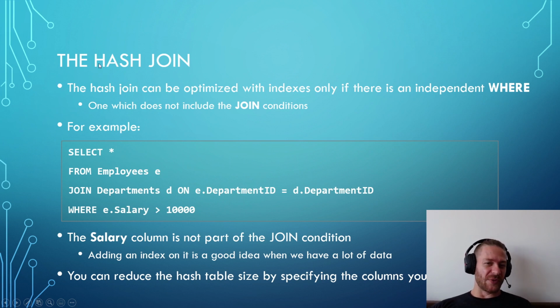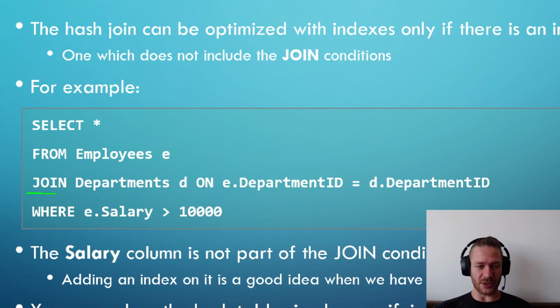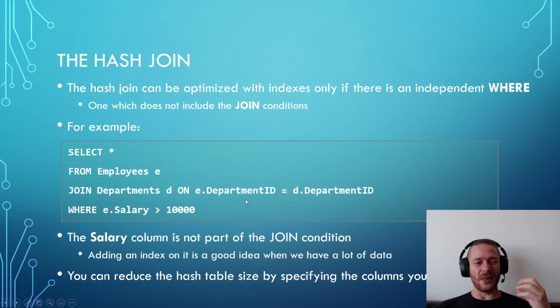But how to optimize it? We don't need to optimize it by design, because usually when we have a query on the join operation, these are already hashed when we have primary key and foreign key. Because of the indexes, these are already hashed, so we no longer need to optimize them.